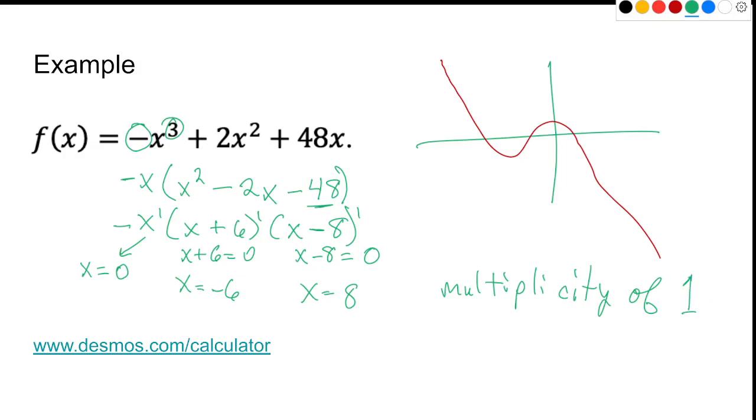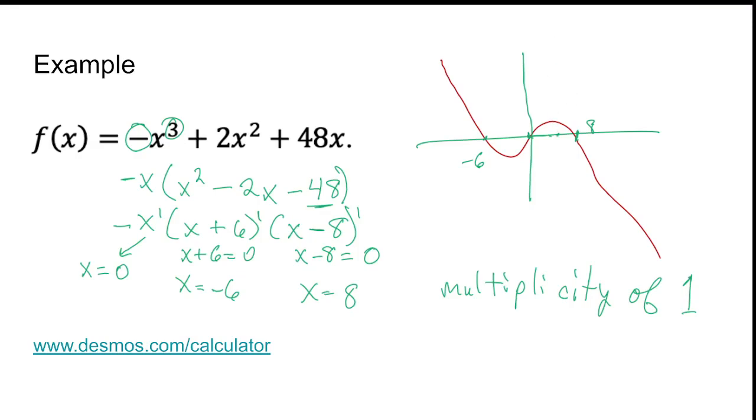Okay, so this will happen at 8. This actually will happen at 0. I could probably draw this more accurately, and then there's going to be one here at negative 6. So actually what I'll do is, let's just move the y-axis. Yeah, there we go.